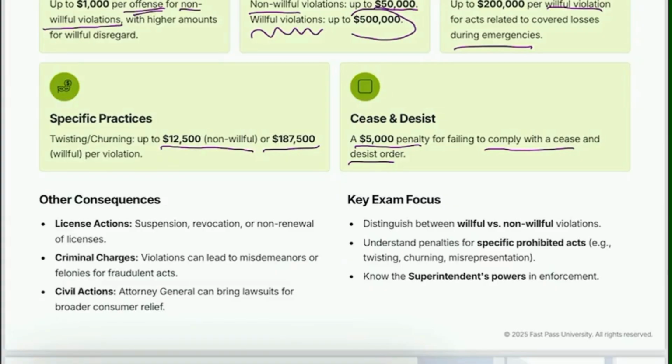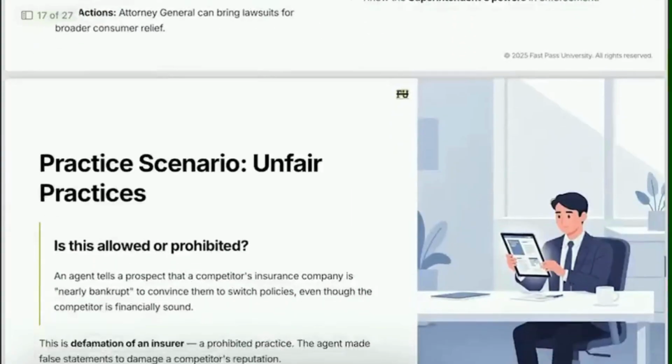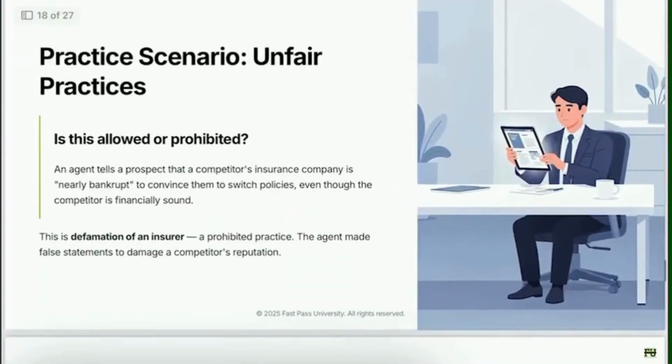All right. Practice scenario: unfair practice. Is this allowed or prohibited? An agent tells a prospect that a competitor's insurance company is nearly bankrupt to convince them to switch policies, even though the competitor is financially sound. Right? What would that be? That would be defamation of an insurer. Now, it could sound a bit like twisting, but because they actually spoke of their financial standing, that's what makes it defamation.